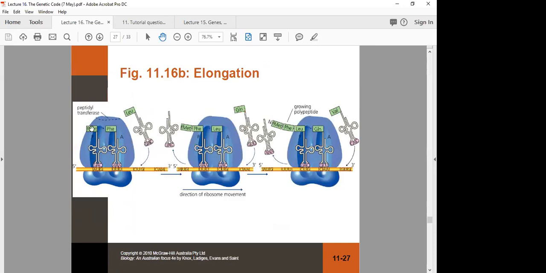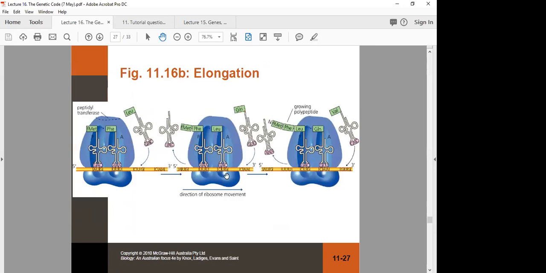In doing so, the methionine will be transferred over to here so that it's bonded to the phenylalanine. That means this first transfer RNA molecule is now empty. It no longer contains an amino acid, so it's now free to leave. When it leaves to be recharged with another methionine amino acid, the actual ribosome will shift over to the right.